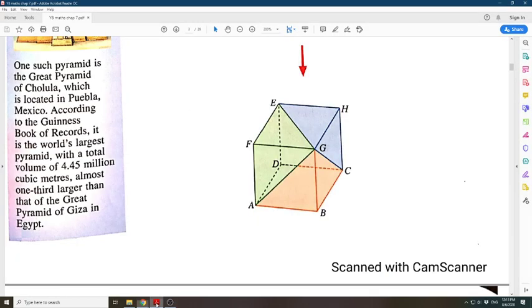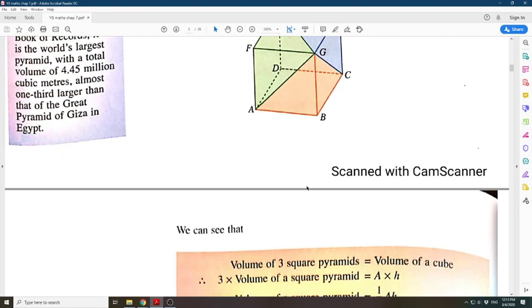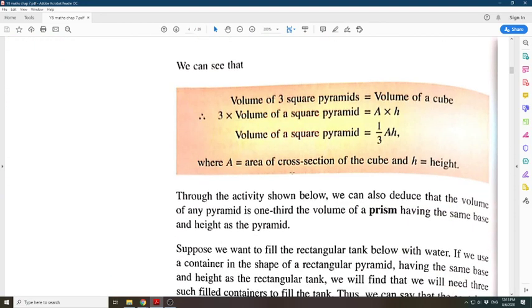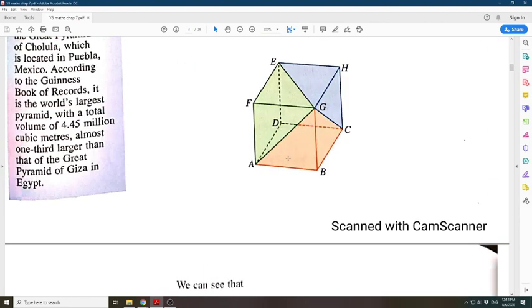Going back to this, now you can all understand that the volume of three pyramids is the volume of a single cube. So how do we find the volume of a square pyramid? One over three times base area times height. What's the cross section?